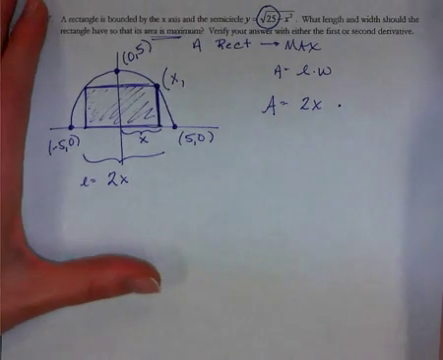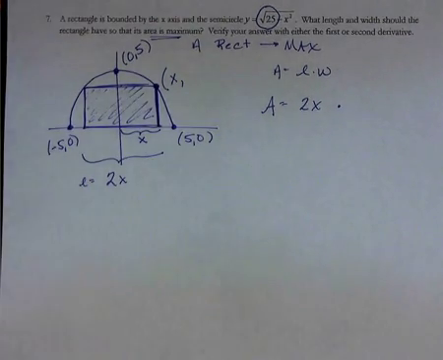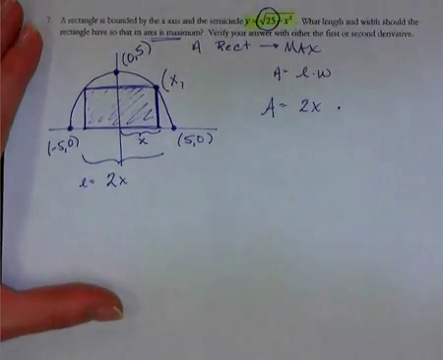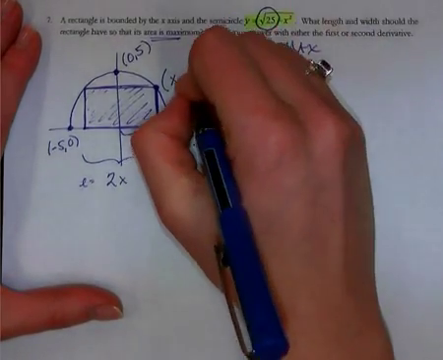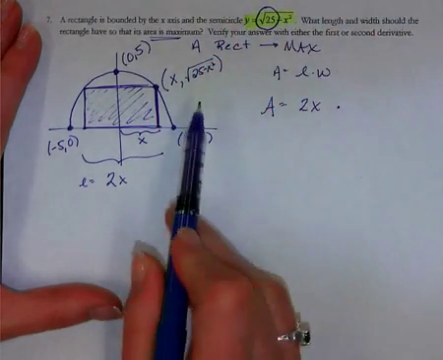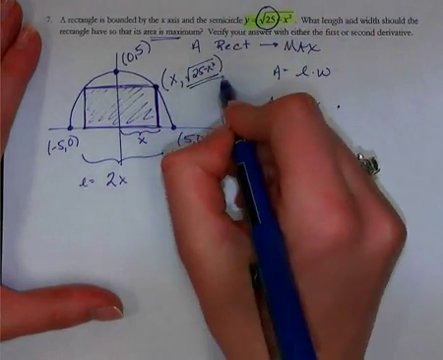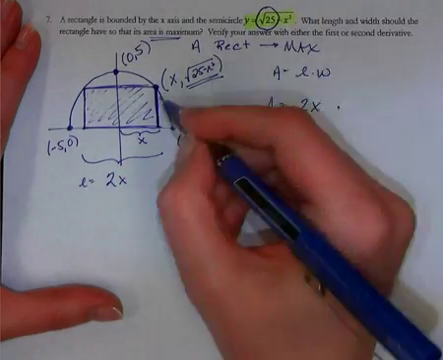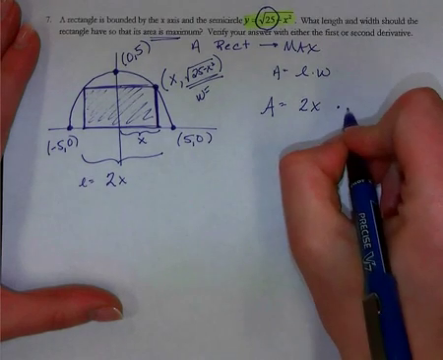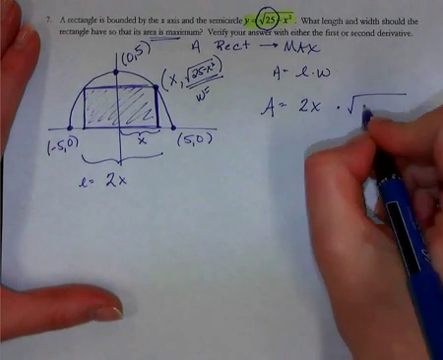Well, what is my y coordinate? In this case, my y coordinate is represented by the square root of 25 minus x squared. That is your y coordinate. Therefore, that y coordinate becomes the width or height of the rectangle. Does that make sense? I mean, this is the biggest concept right here. Hopefully you can understand this setup.